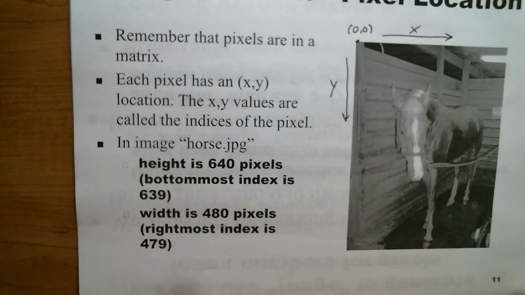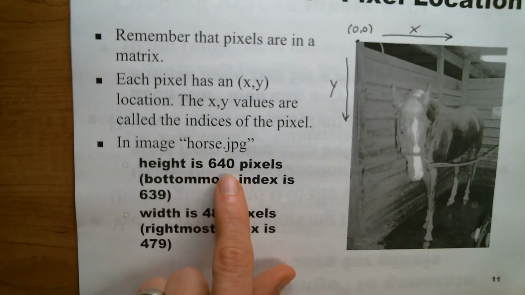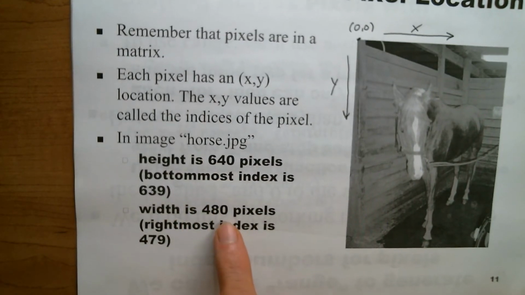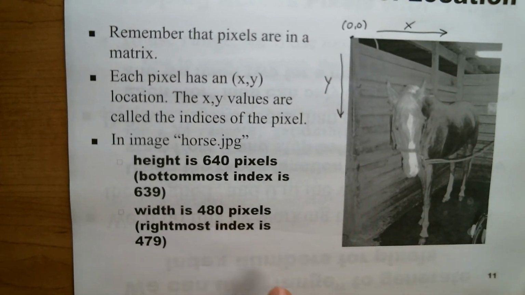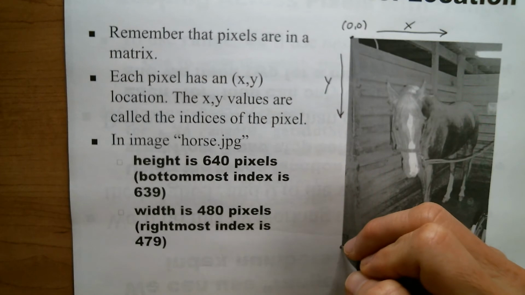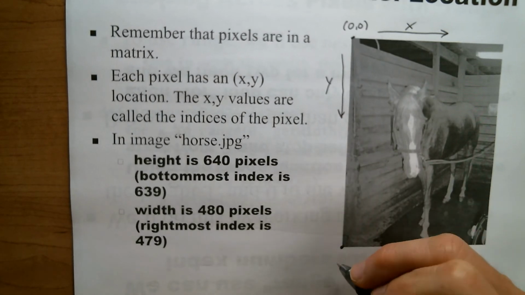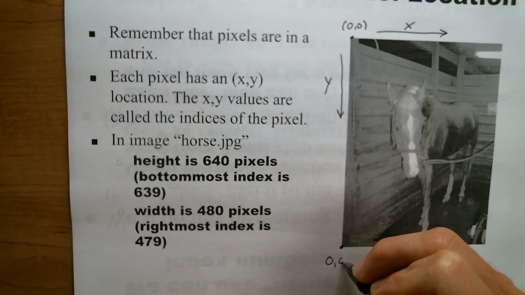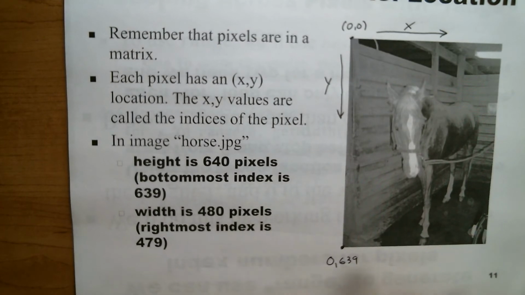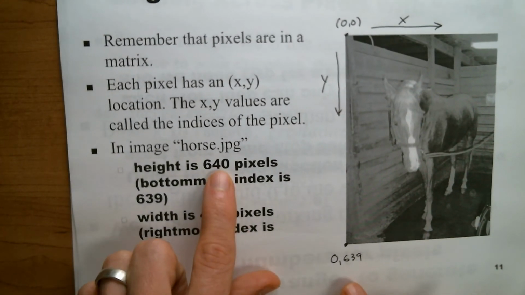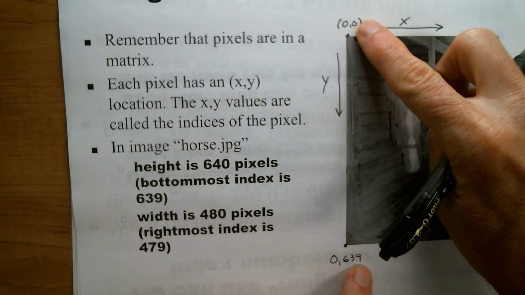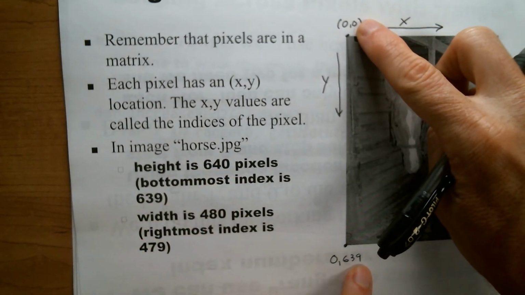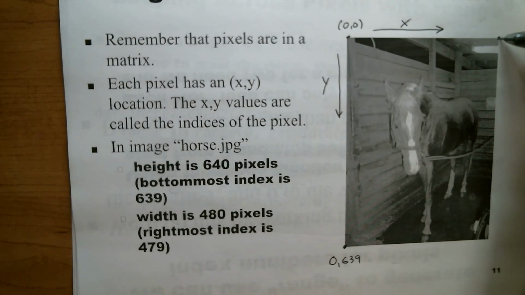Now, if this picture was 640 pixels tall and 480 pixels wide, you'd have to remember that this coordinate right here would actually be 0, 639. All right, 640 tall, yes, but since you're counting from 0, it maxes out at 639. All right, same thing over here.